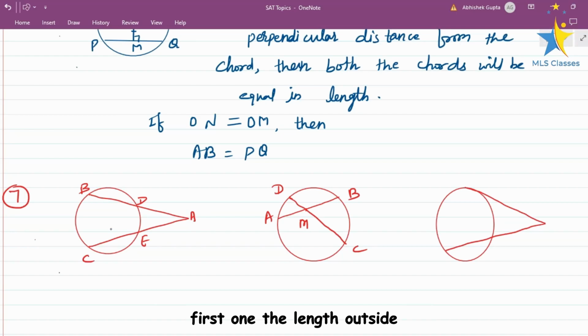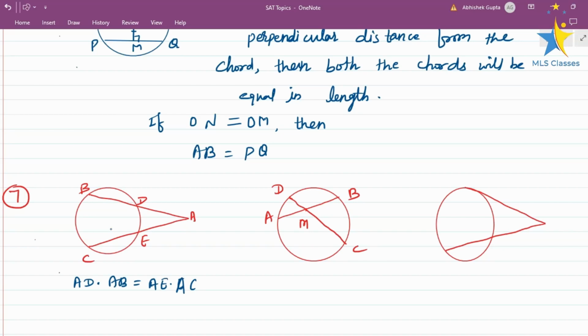In the first one, the length outside the circle times the total length of the secant of one will be the same as that of the other secant. That means we can say AD times AB will be equal to AE times AC. Here, the product of segments of one chord will be equal to the product of segments of another chord.